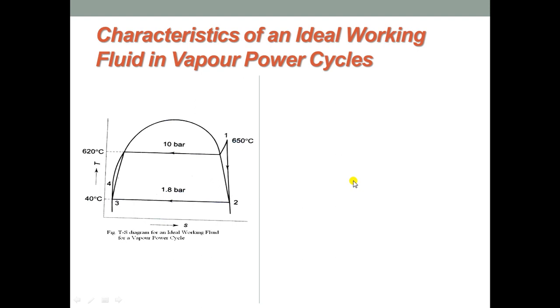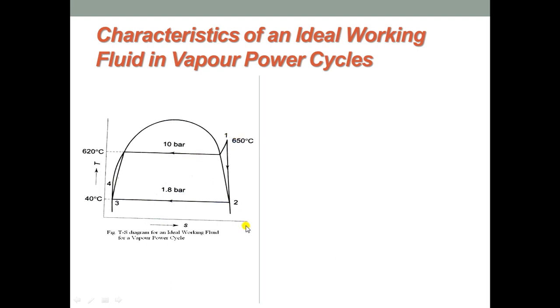We make use of a TS diagram for an ideal working fluid of a vapor power cycle, which represents a process with the initial condition of working substance as superheated starting at state condition 1, at which the temperature is 650 degrees Celsius and expands to 2, and condensation takes place to 3 and heating takes place from 4 to 1.